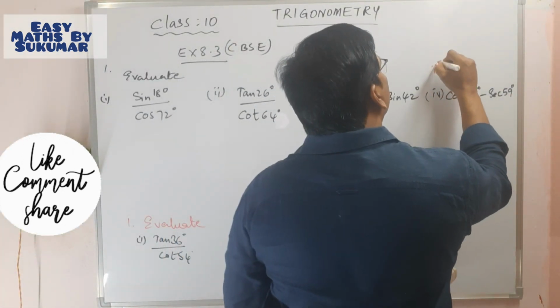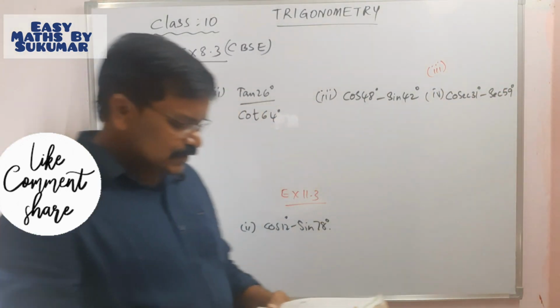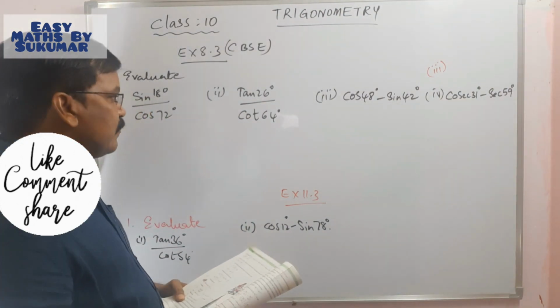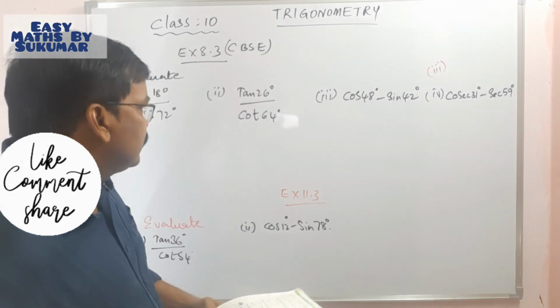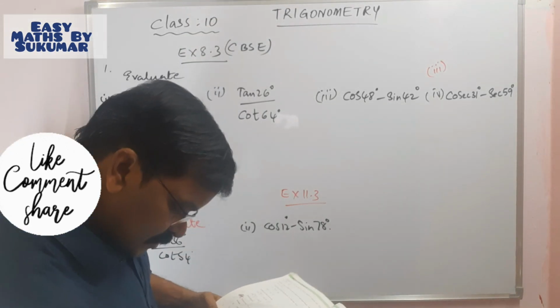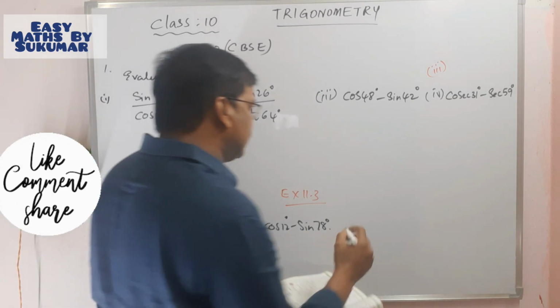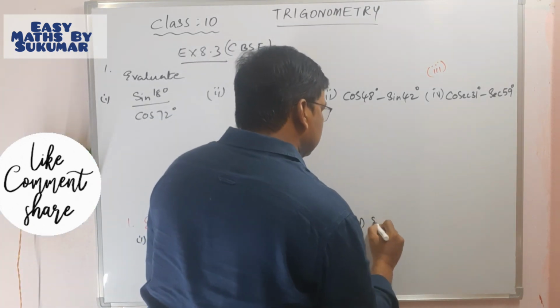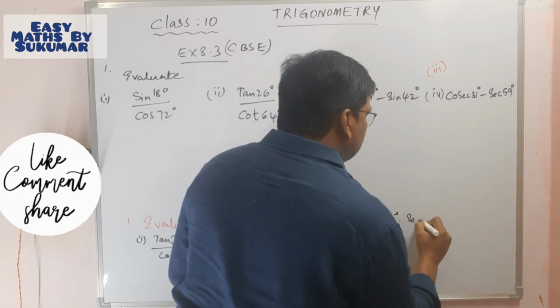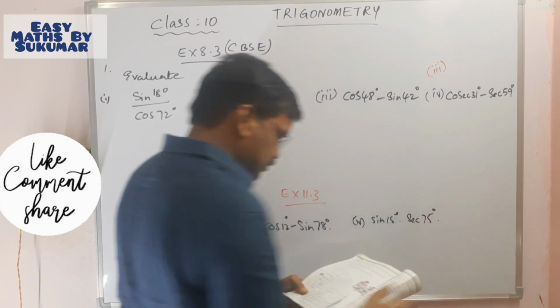Okay, the next sum, right. Sin 15 into secant 75. Here the product is given. Sin 15 degrees into secant 75. This is a new one, right?